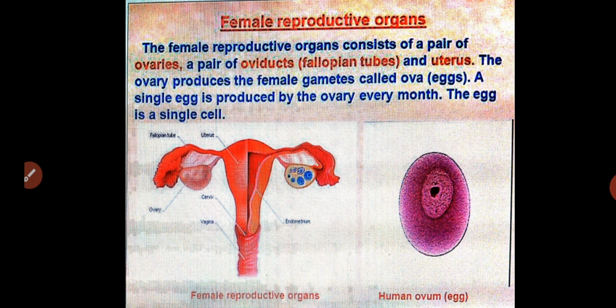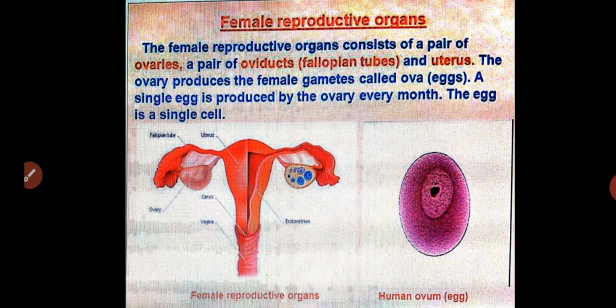A single egg is produced by the ovary every month. The egg is a single cell, just like the sperm, and it contains only 23 chromosomes.